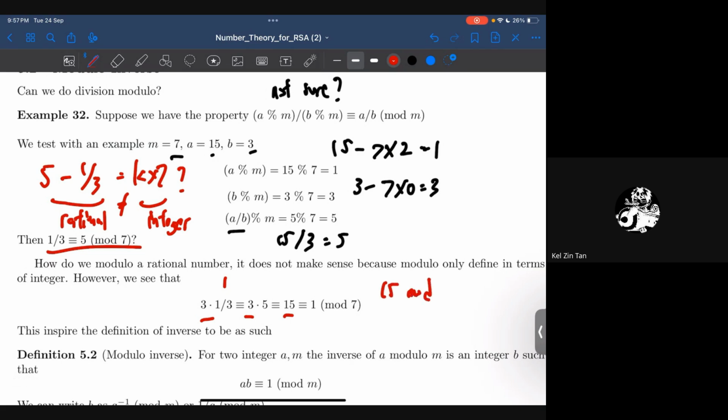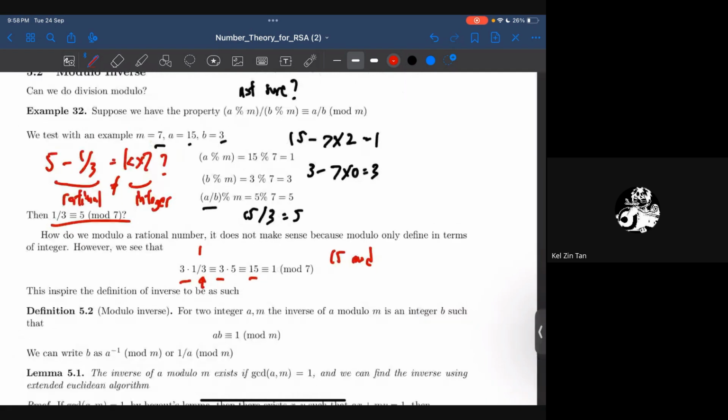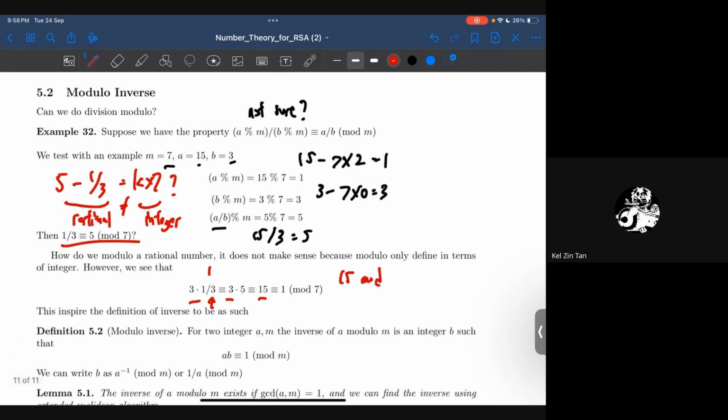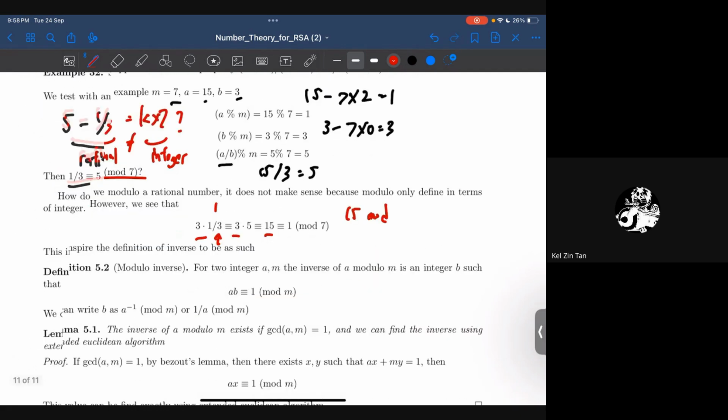So although the usual sense of division doesn't really work out well, if you multiply both sides by the divisor, the denominator, then it sort of works out a little bit better. So this inspired the definition of the modulo inverse.